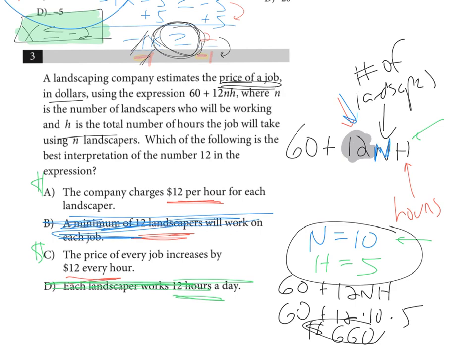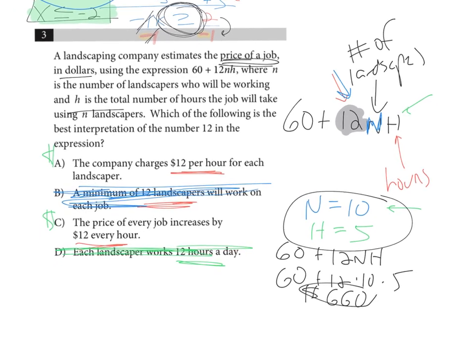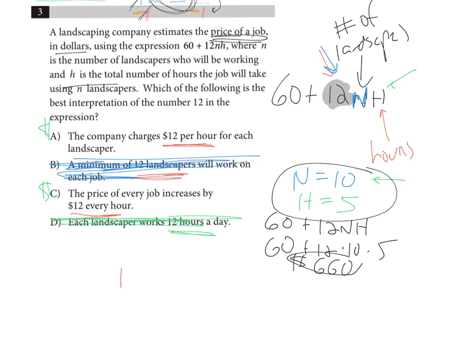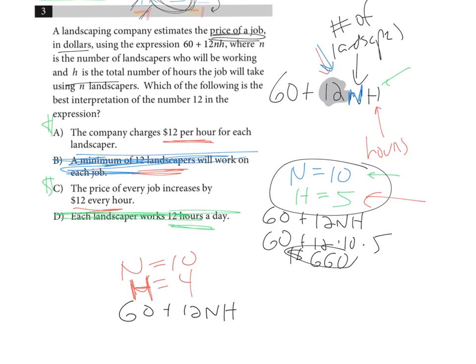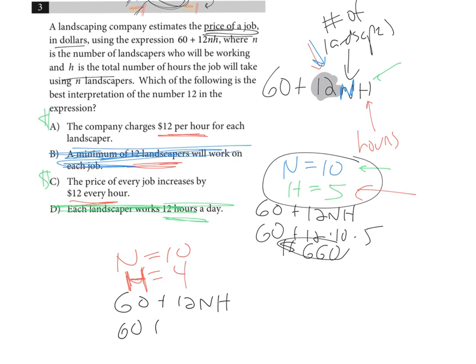Let's say these 10 landscapers, so we'll let N be equal to 10 again. Let's say they don't work 5 hours. Let's say they work 4 hours. So I'm going to let H be equal to 4. So the same 10 landscapers working 4 hours. 60 plus 12NH now is going to be 60 plus 12.